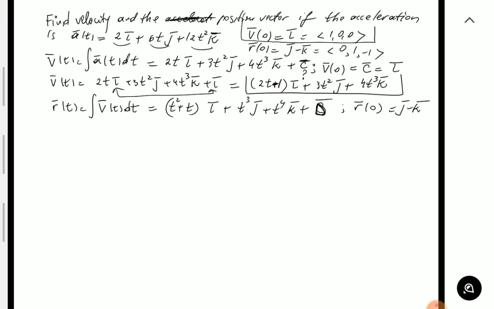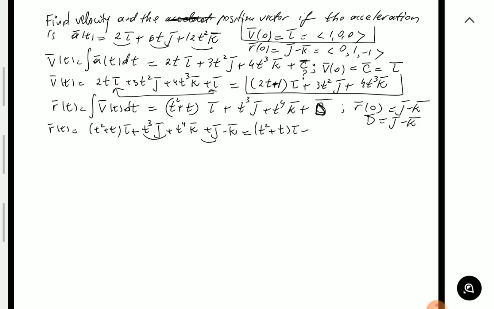So r of 0 is going to be 0 plus d. Therefore d is j minus k. Just like before, we plug this constant of integration back into the answer and then combine all the components together. t squared plus t for i, j combines into t cubed plus 1, and finally for k, this component is t fourth minus 1.